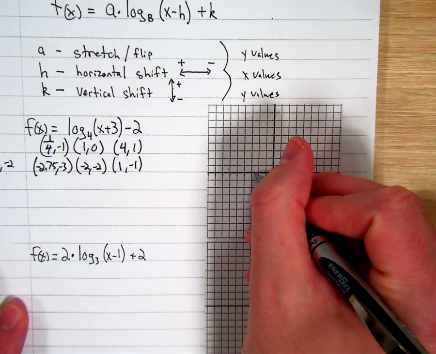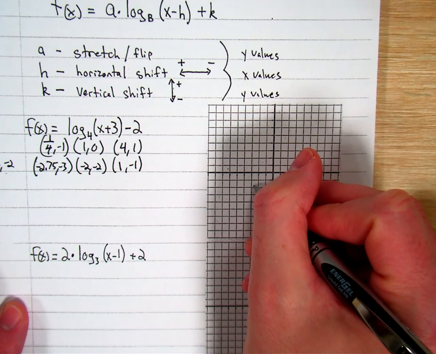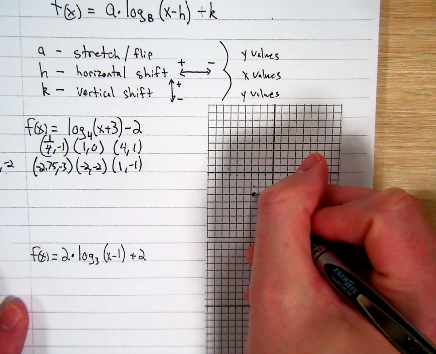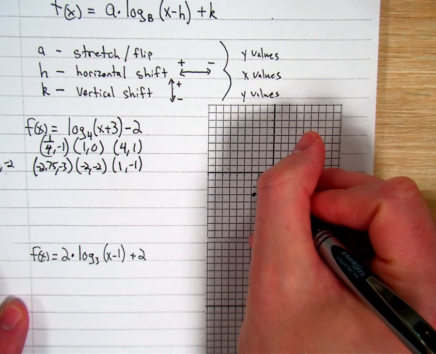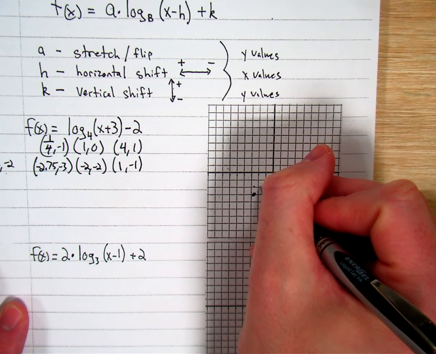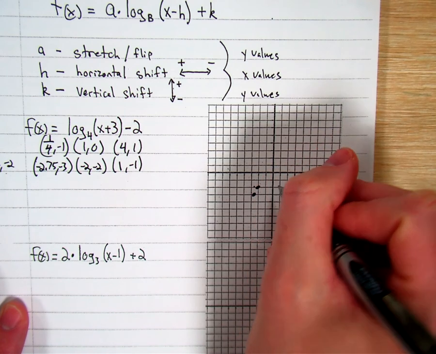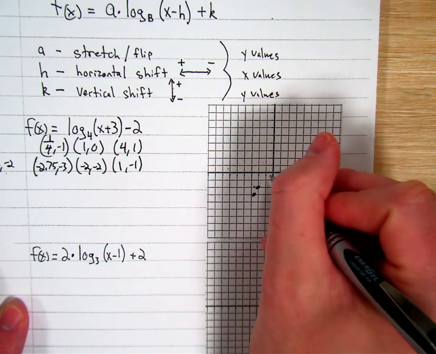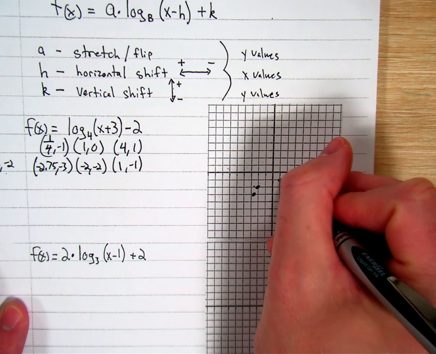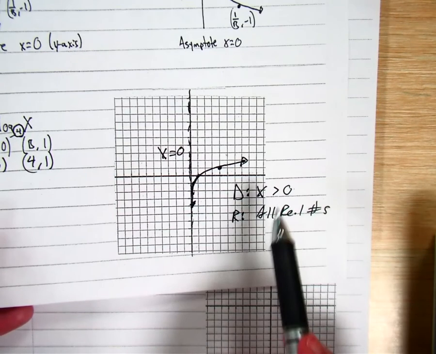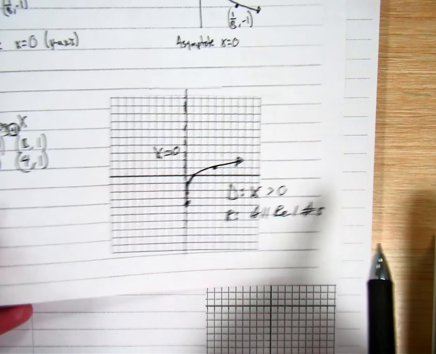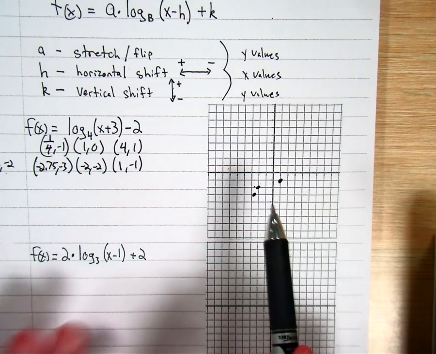Negative 2.75, 1, 2, a little bit more there. Negative 3, 2, 3. Quiz or a test, we'd have to label that. Negative 2, negative 2. And then 1, comma, negative 1. Okay, so just continuing from this, and we just moved it over and down a little bit.